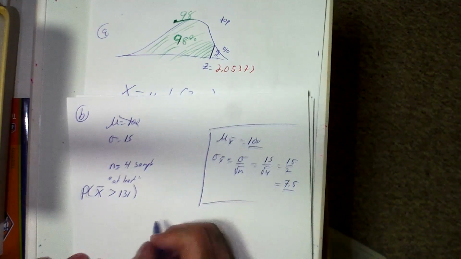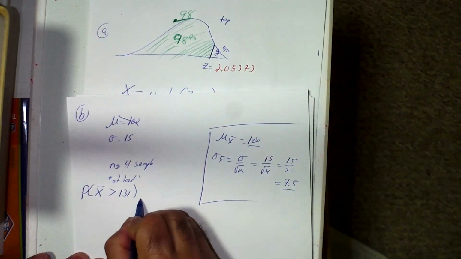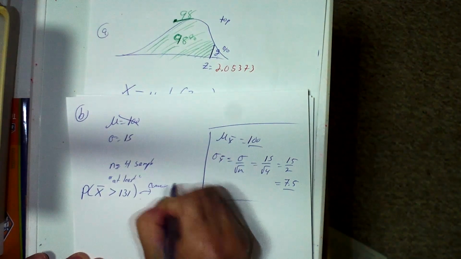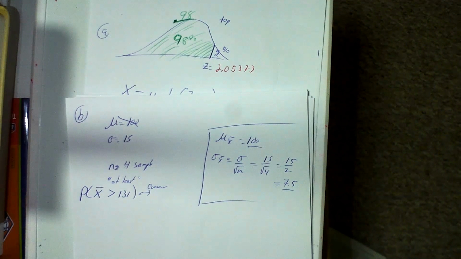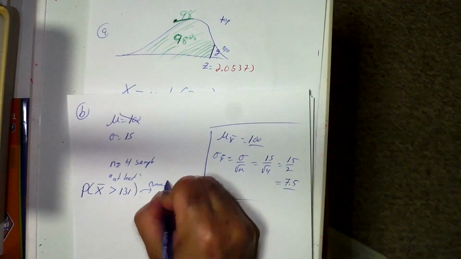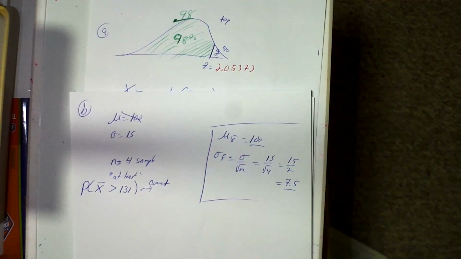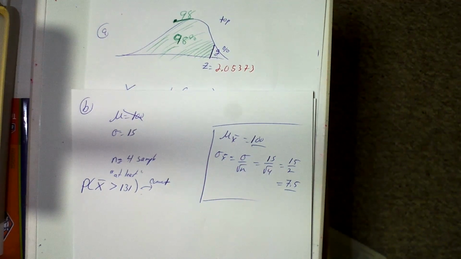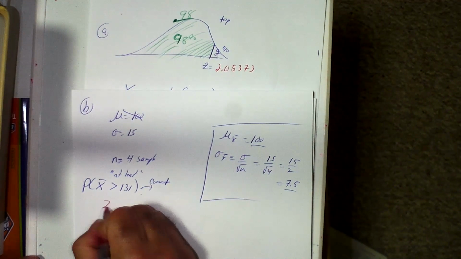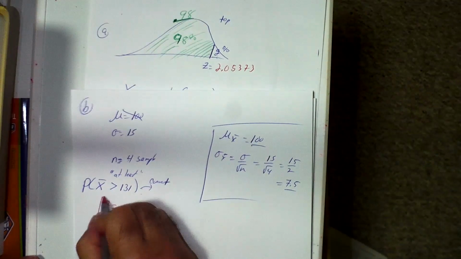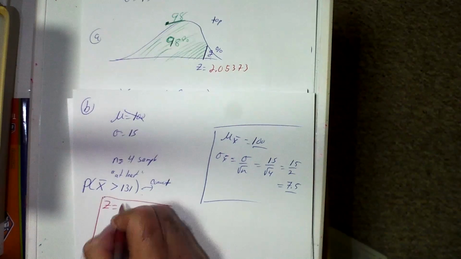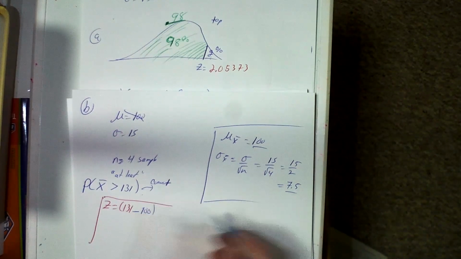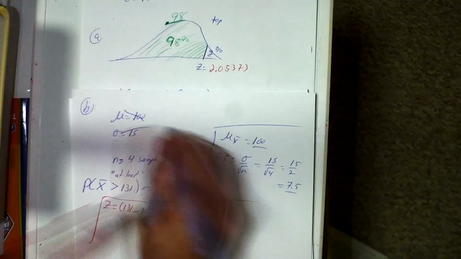And we're going to convert. Z equals, all right, plug in the numbers. 131 minus 100, divided by 7.5.